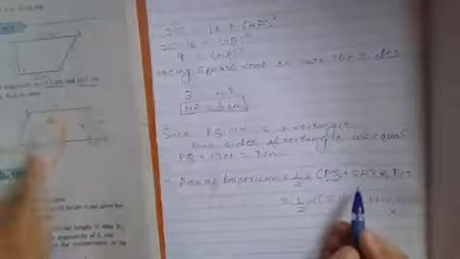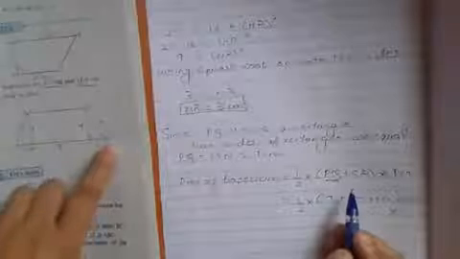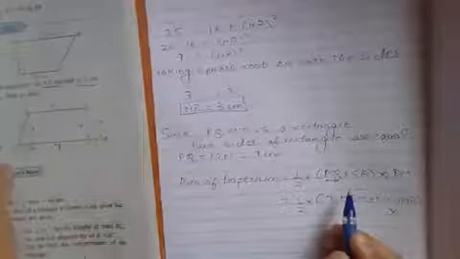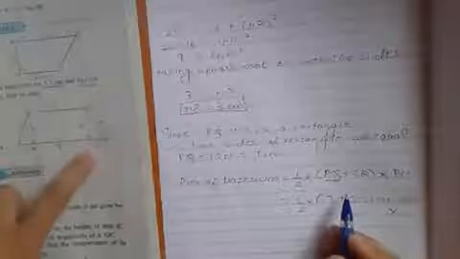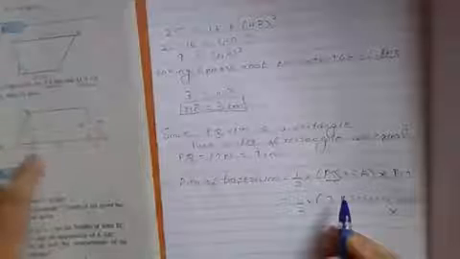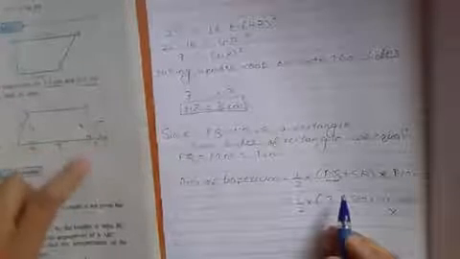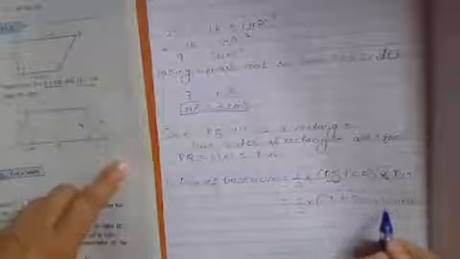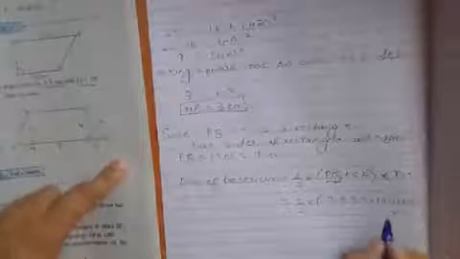Now SR, see from the diagram, S to R. So in the middle many points are there. So we will divide SR into some points, that is SM plus MN plus NR. We will say SR is equal to SM plus MN plus NR. So I have written that only. That is SM plus MN plus NR into height.